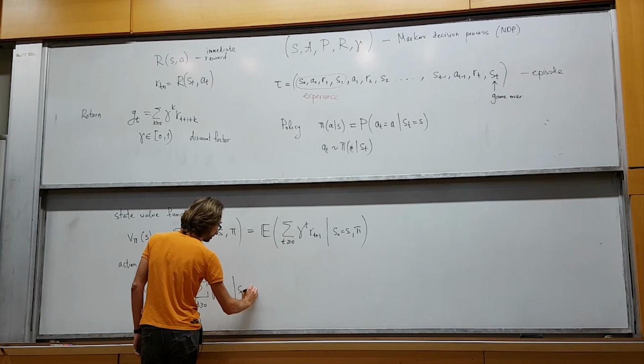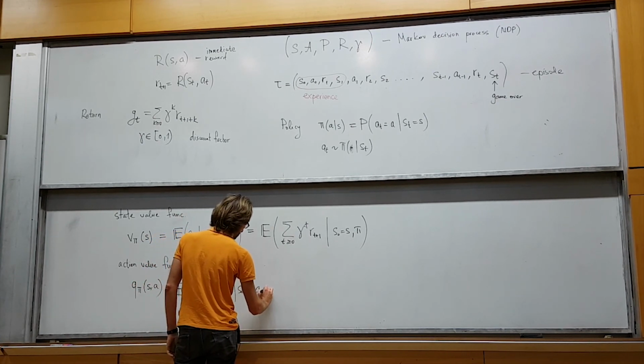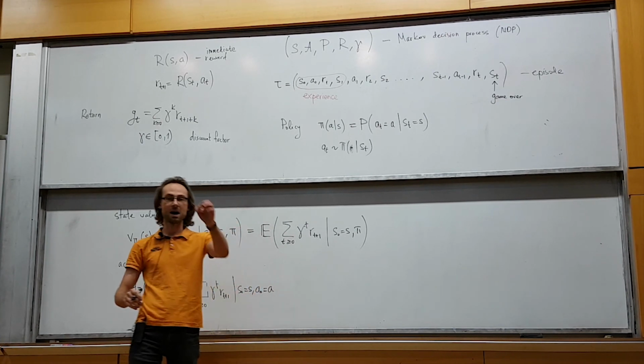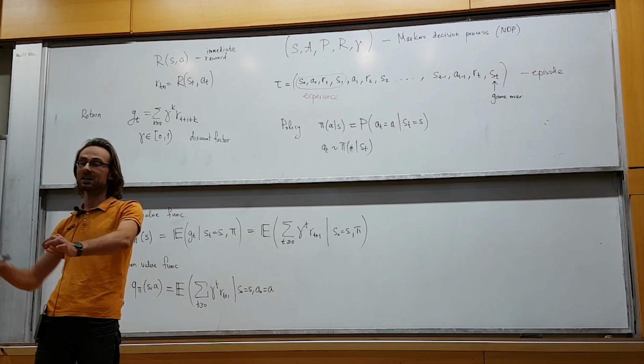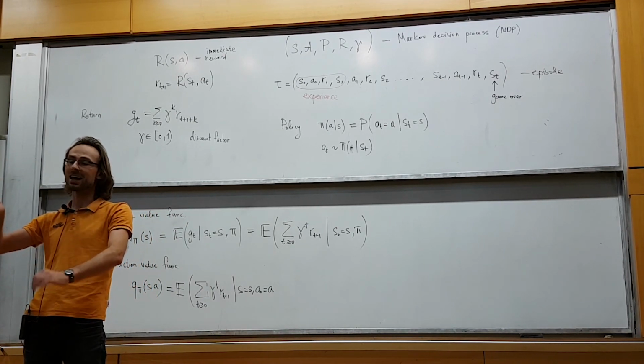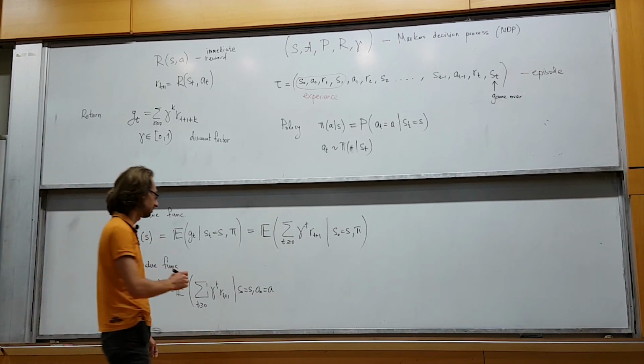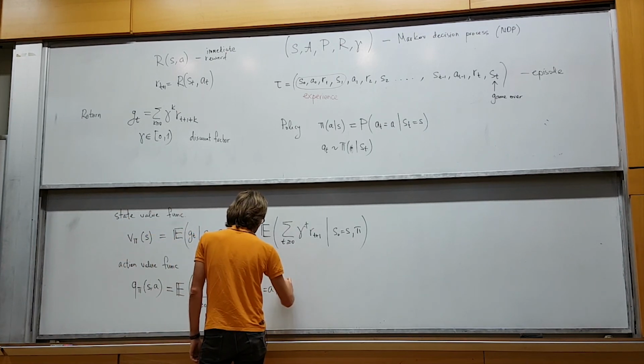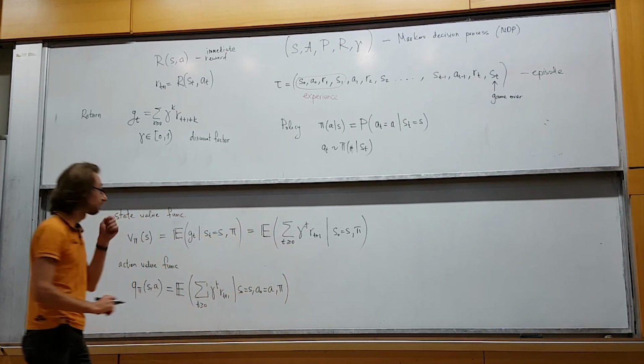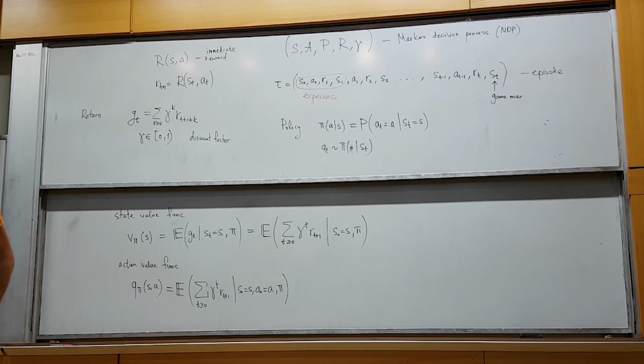Given S_0 equals S, A_0 equals A. So I start at state S, I first perform action A, and then I continue according to the policy. And this is the action value function.